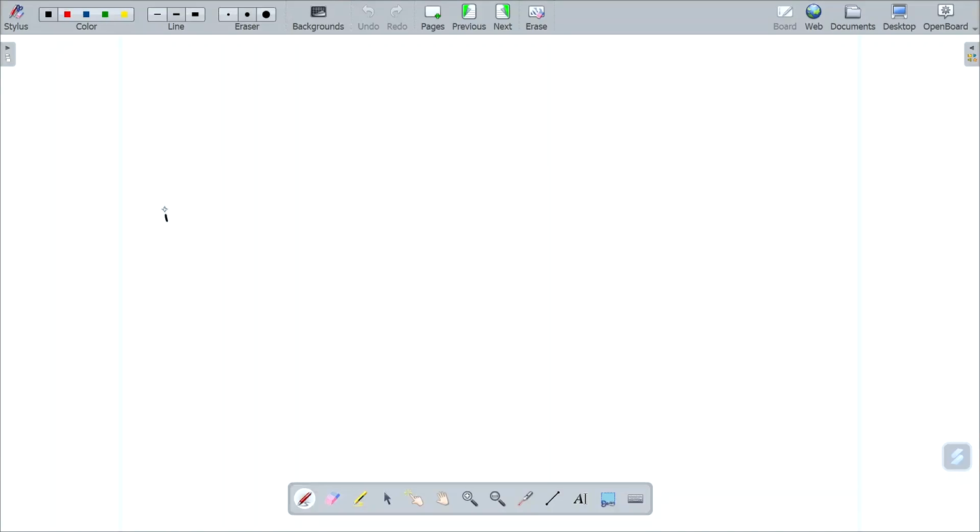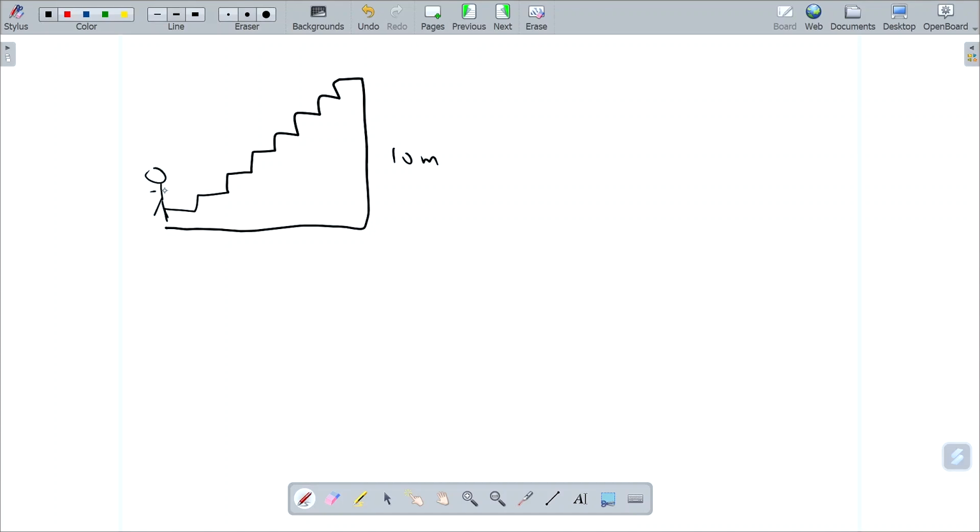So first of all, let's consider the following. What we have is a set of stairs, and the height of the stairs is 10 meters. And we have a student.